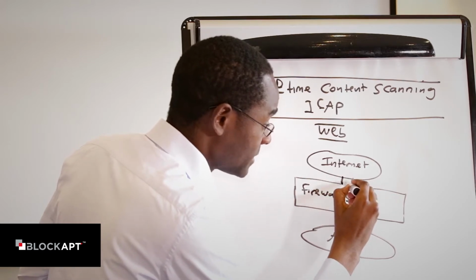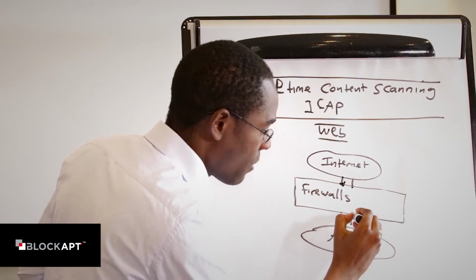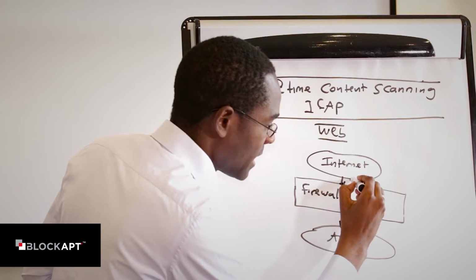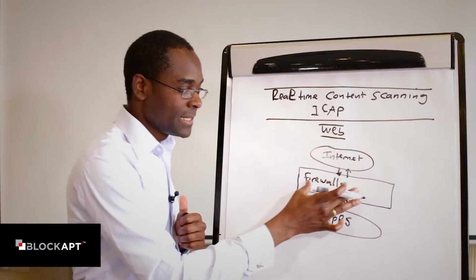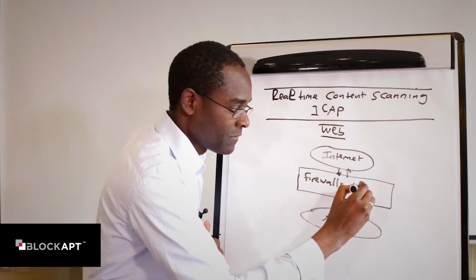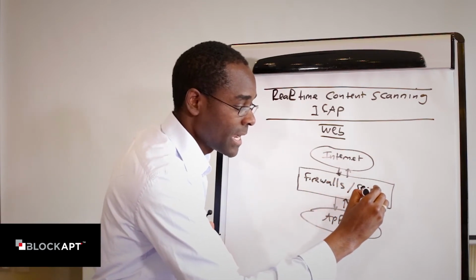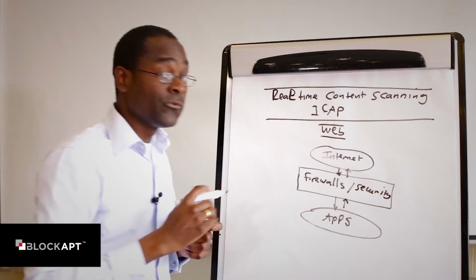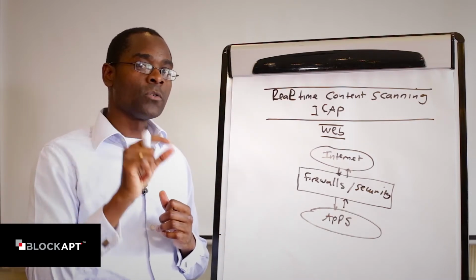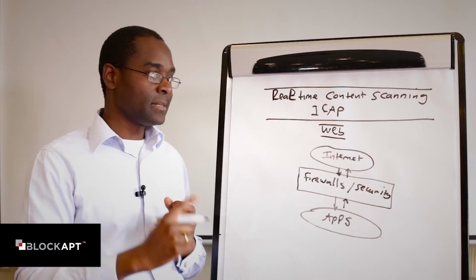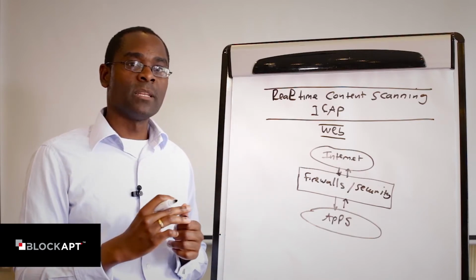Essentially this device is seeing all the transactions coming in and going out. So we want to have the ability at this level to provide security where we can do real-time content scanning and check all the web content leaving and coming inside the company.